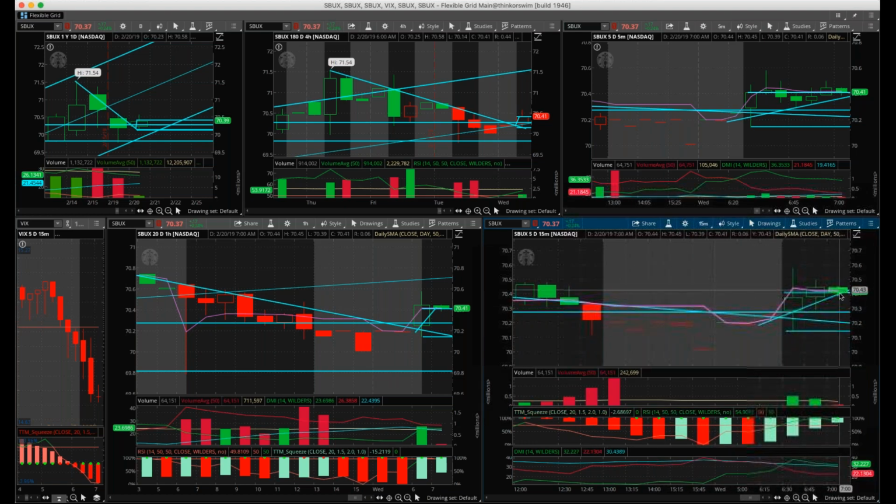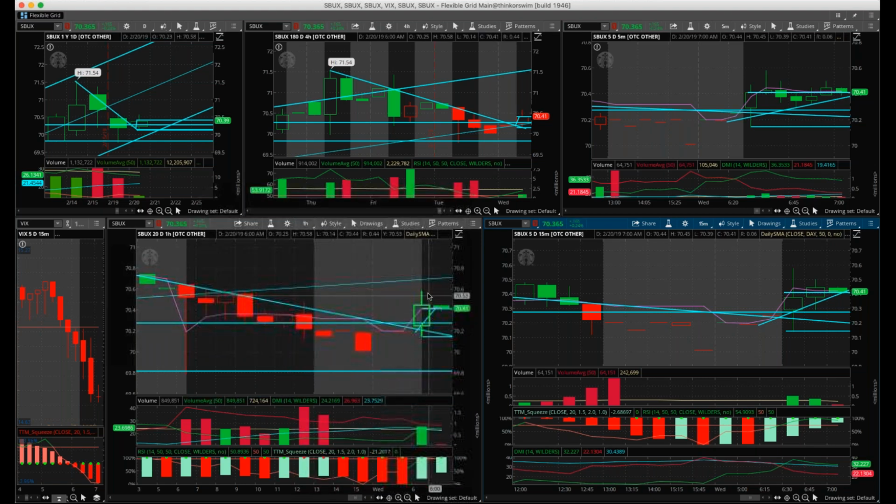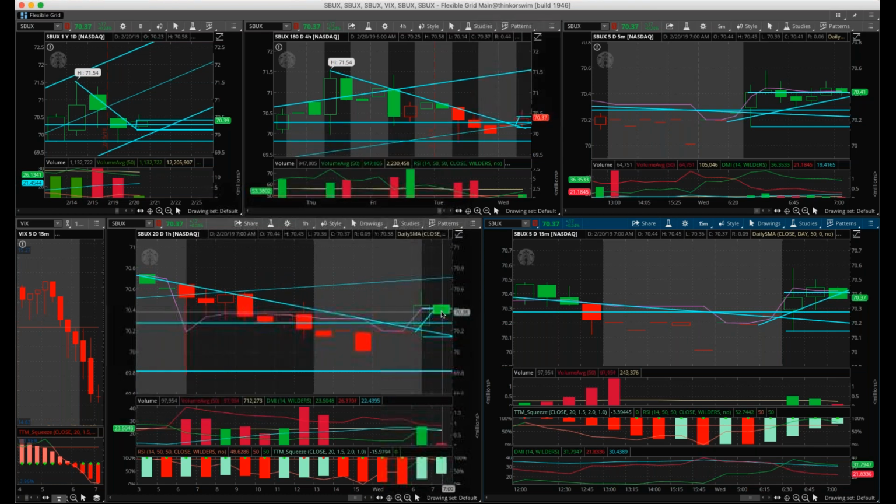So if we can maintain that uptrend, that'd be nice, because that means we'd stay above 70.40. First hourly candle closed, and we have a confirmed breakout. It's a little weak though, but it is a breakout. But we want to watch if it tries to reverse.